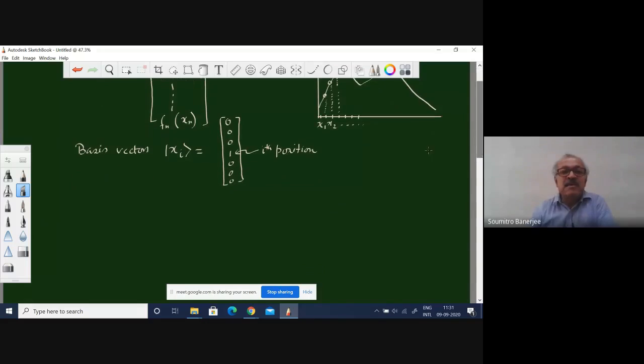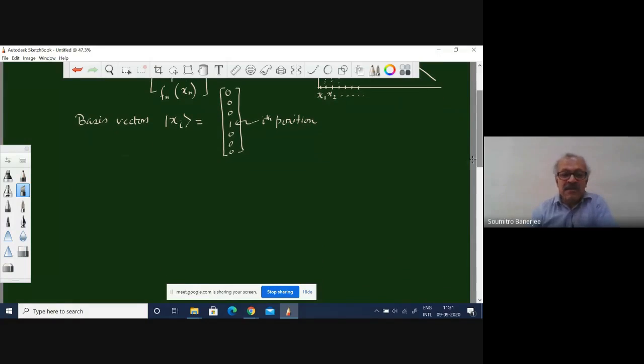And what are the demands on the basis? A, that they have to be orthogonal. What does it mean? It means the inner product of xi and xj has to be delta ij.